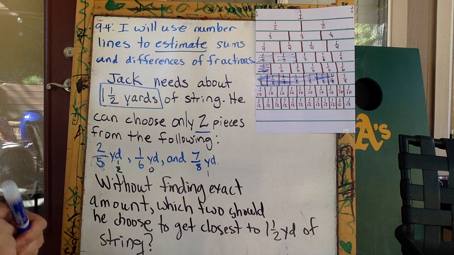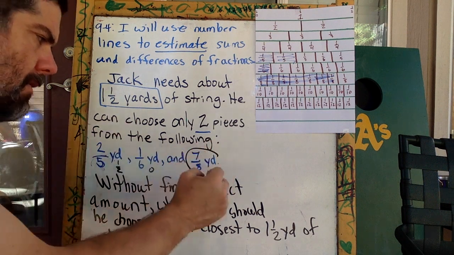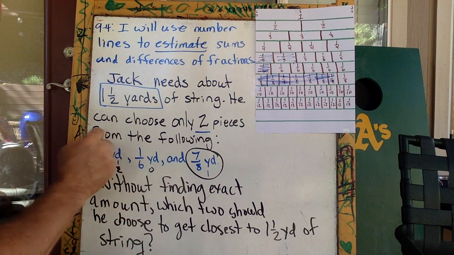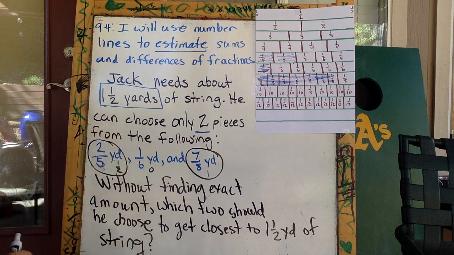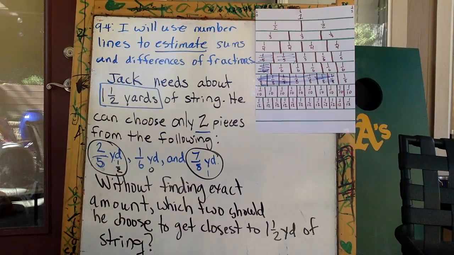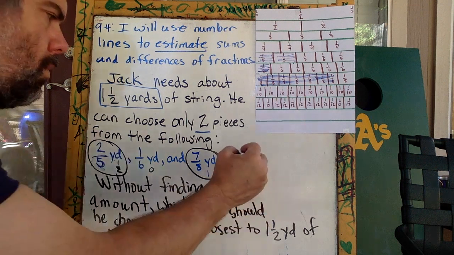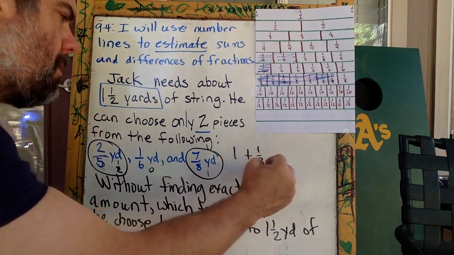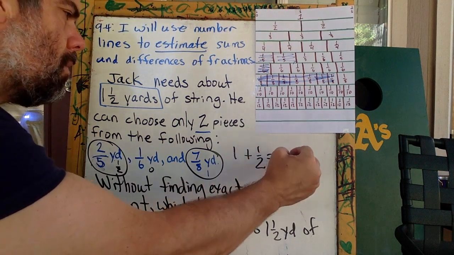Well, he needs 1 string that is 7/8 yard, and he needs 1 string that is 2/5 yard. That'll be as close as you can get to 1.5. So if we add 1 plus 1/2, we get 1.5.